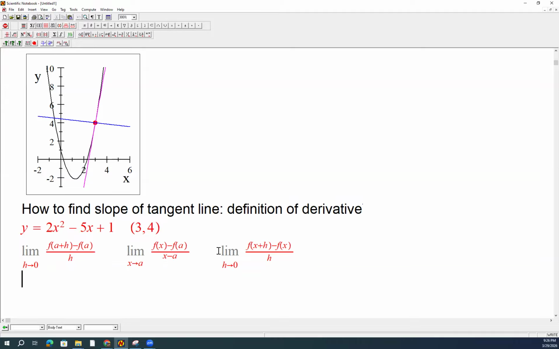And the third way, we haven't done very much, and I'm going to explain all three different ways.